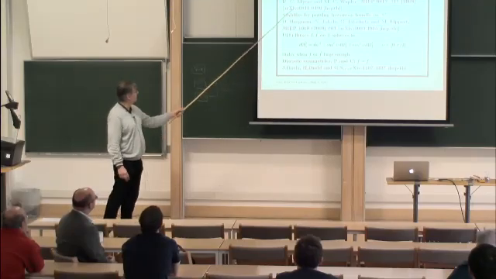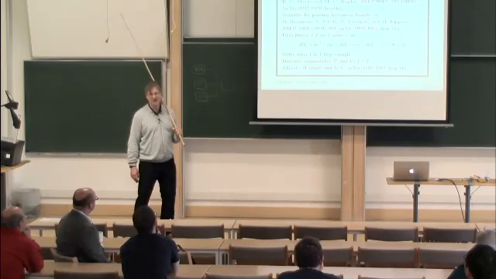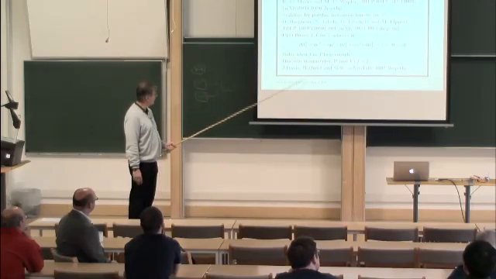And this was suggested by Rob Myers and his student Wapler, where they suggested one could stabilize it by taking the S4, which is all these directions, and putting an instanton bundle. So you need at least 2 branes, so you have at least SU(2) on the world volume. And actually this instanton bundle is a fairly ugly thing. It's some kind of fuzzy instanton, which isn't known explicitly and is not so easy to deal with.